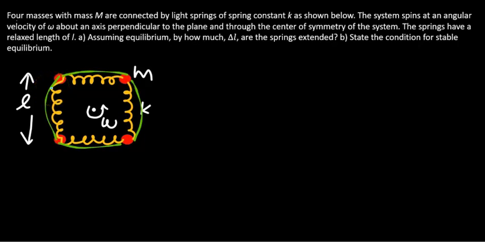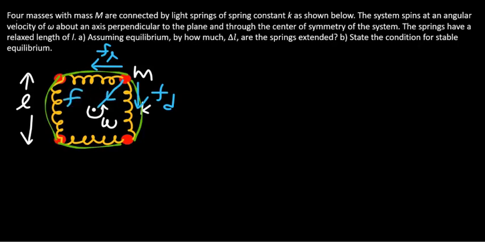So the free body diagram for this particular mass would look like this. As the system spins, the mass M would feel spring force from the left in that manner and from the bottom in that manner. So let's call the spring force FL and F down. Together they would combine to give you a centripetal force towards the center of rotation.